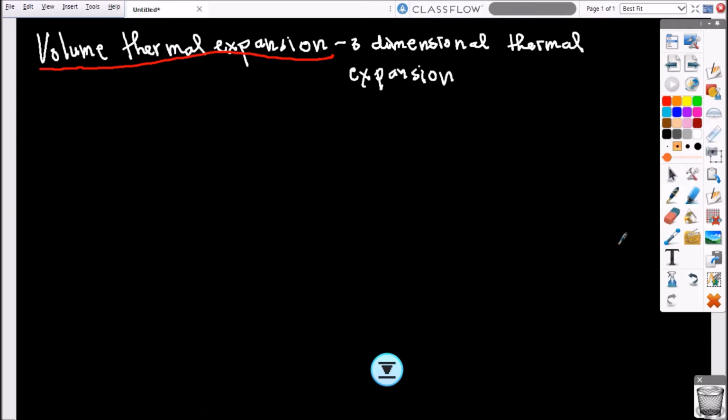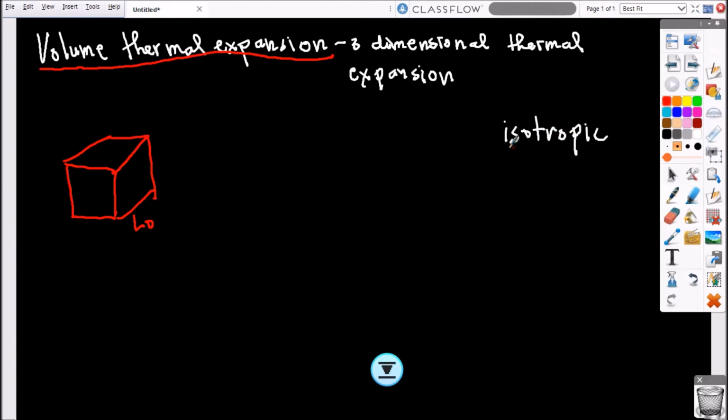Suppose we have a cube here. Right, so that is the cube with initial edge of L of O. L of O is the length of the edge at initial temperature, or T of O. Okay, so let's assume that this cube will expand in all directions, because remember this term in area thermal expansion, the isotropic expansion.